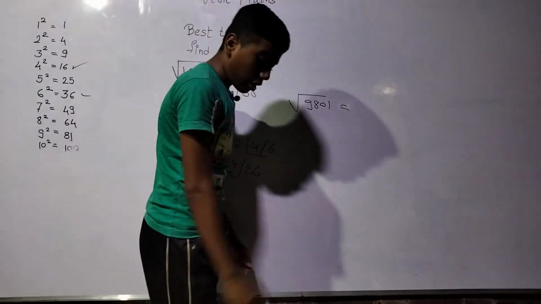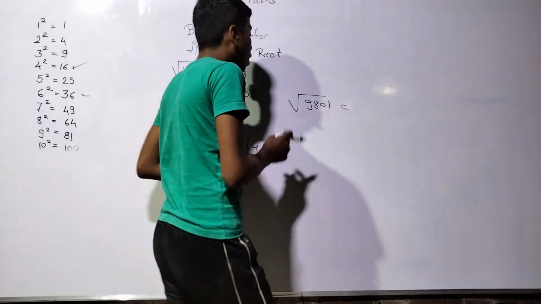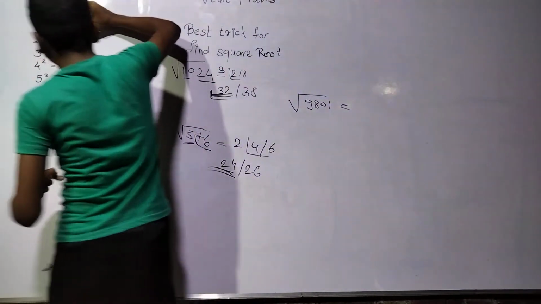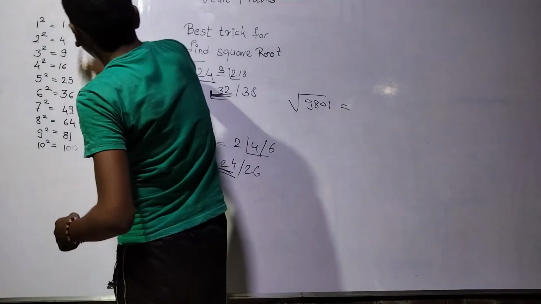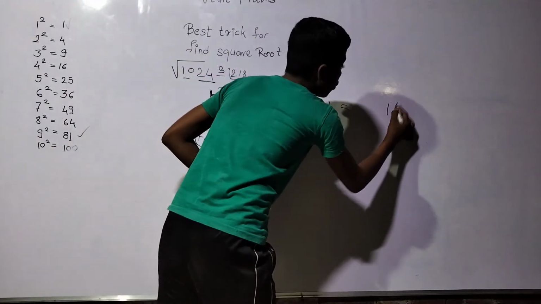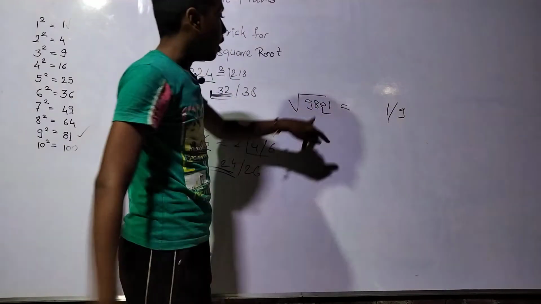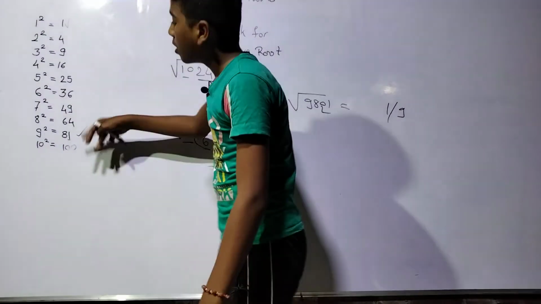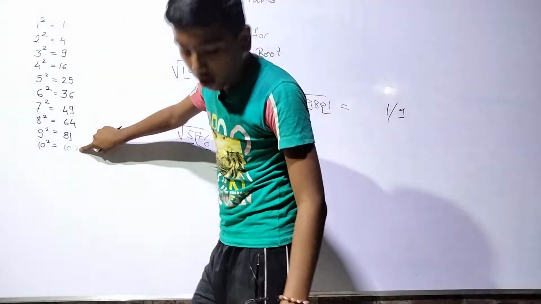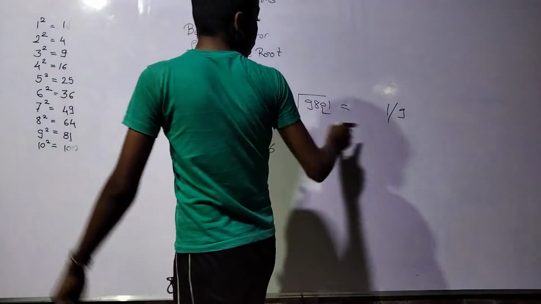Let's move to the next question, 9801. The unit place is 1, so the unit place must be 1 or 9. For the tens place we expect 98. The number below 98 is 81, because 100 is the next square after 98.